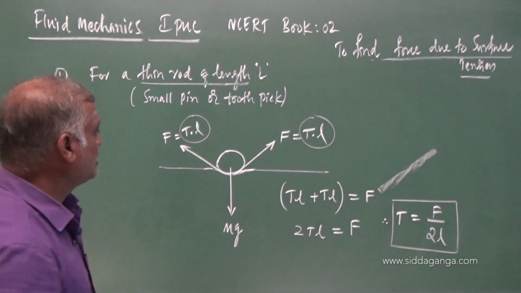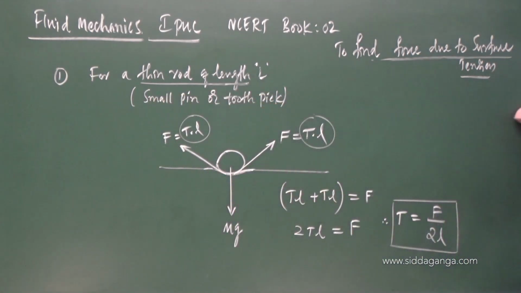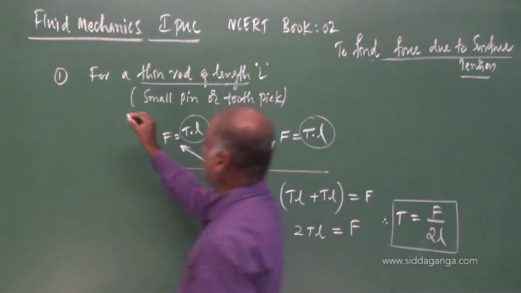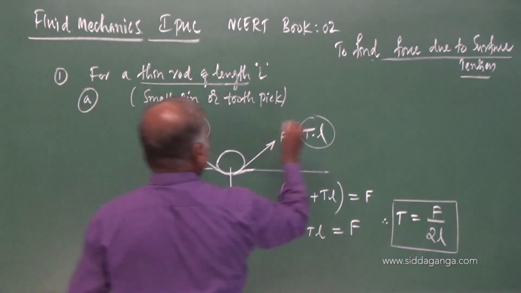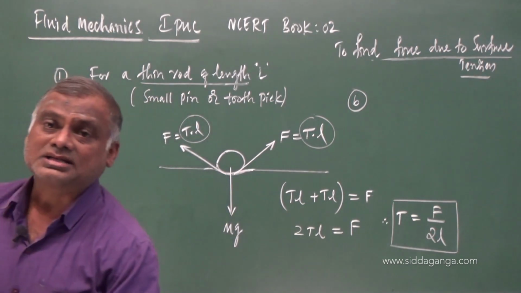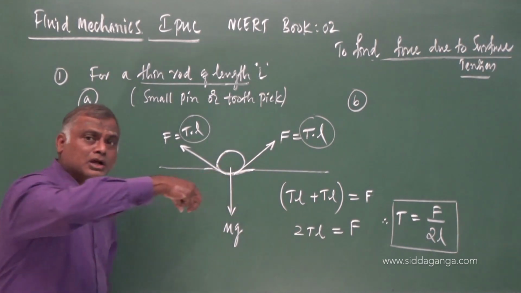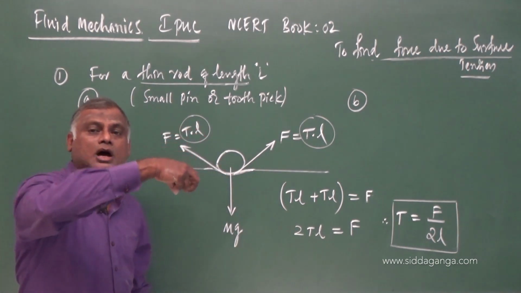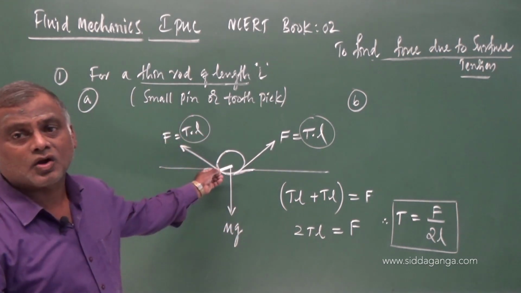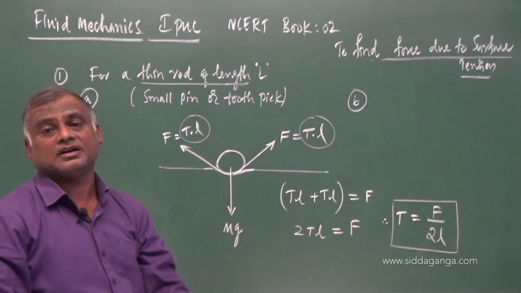Understood. Now the same question, my dear students, they ask like this. You can take this as A, this is B. For the same rod, they ask like this. How much force do you need to pull or to lift a thin rod of length L when it is freely dropped on the free surface of liquid?